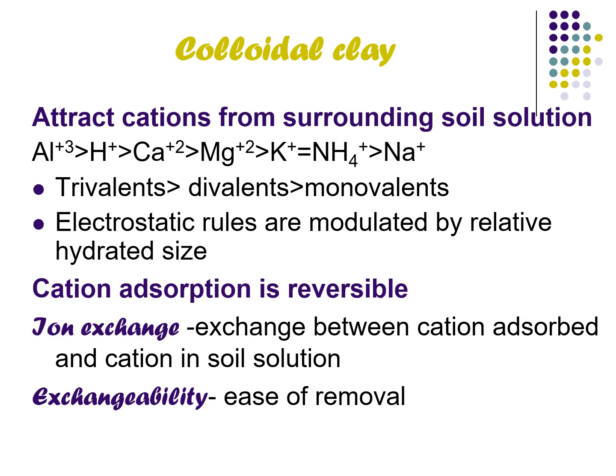Therefore, as we can see here, hydrogen ion, although it is a monovalent, electrostatic rules dictate that it is attracted more to the negatively charged surface of the soil than other divalents and monovalents.